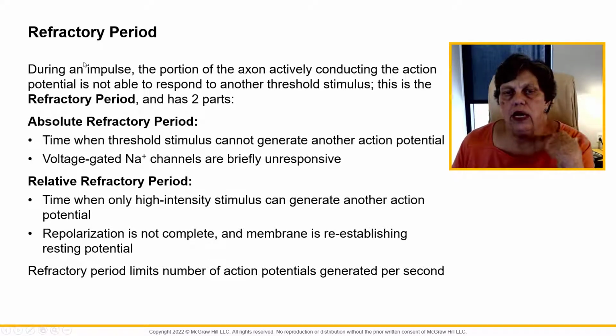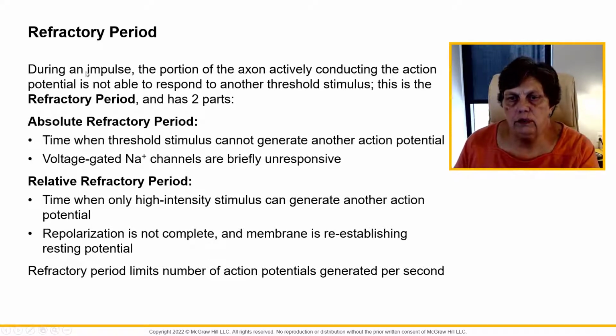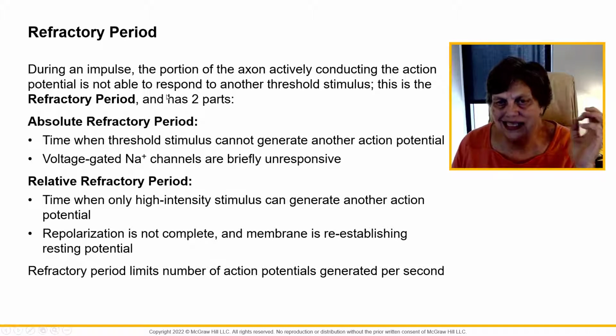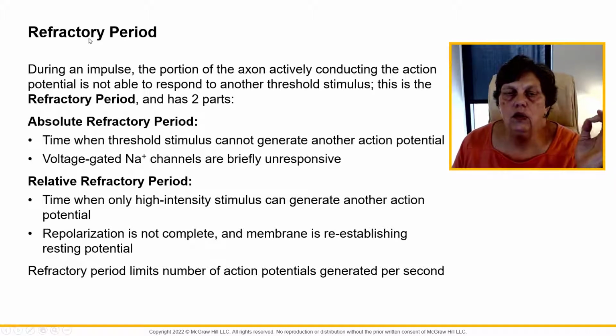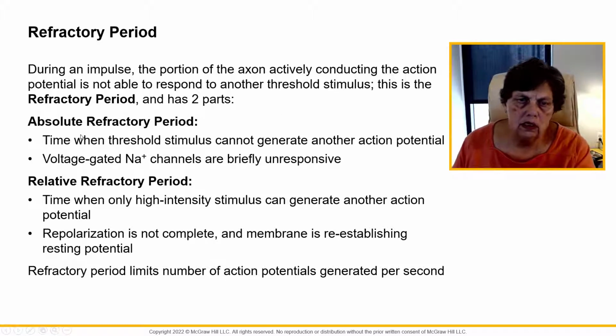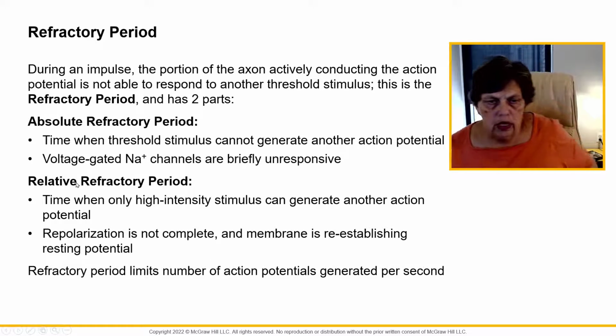But basically, you have a refractory period. This is the portion of the axon that is conducting. The axon is not able to respond. You are in refractory. You are not able to respond to another threshold stimulus. All right, you have an absolute and a relative.